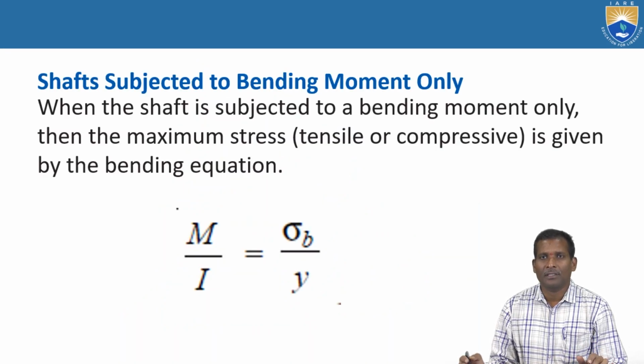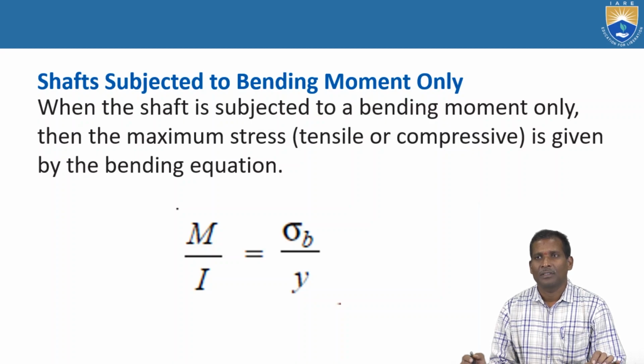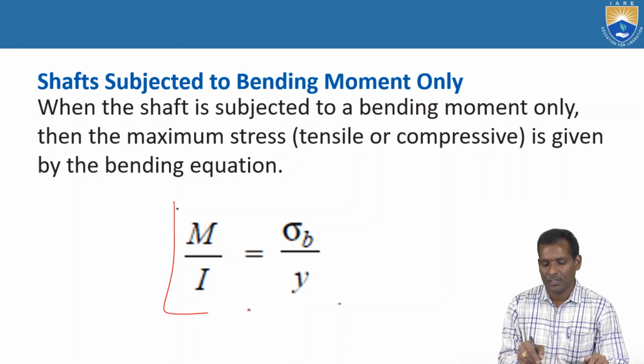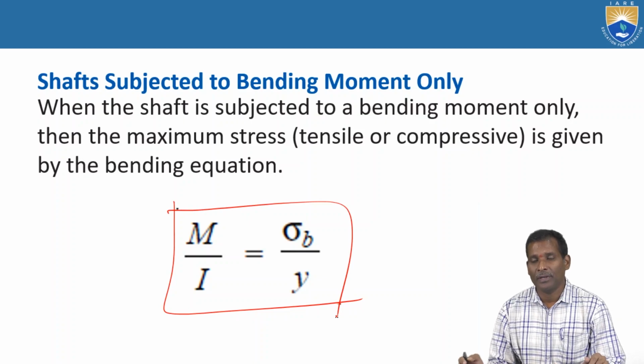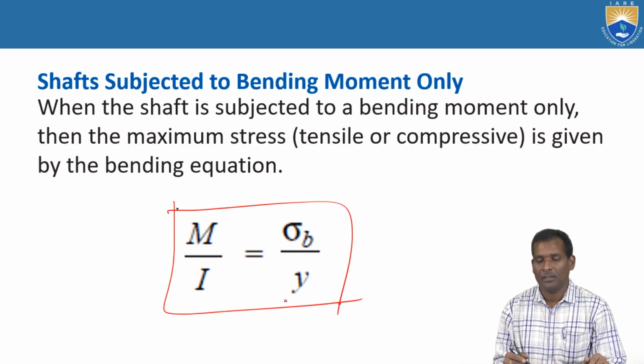Similarly, second case, shaft subjected to bending moment. When the shafts are subjected to bending moment, then the maximum stress, it may be tensile or compressive, is obtained by using the bending equation. So what is the bending equation? M by I is equal to sigma b by y.